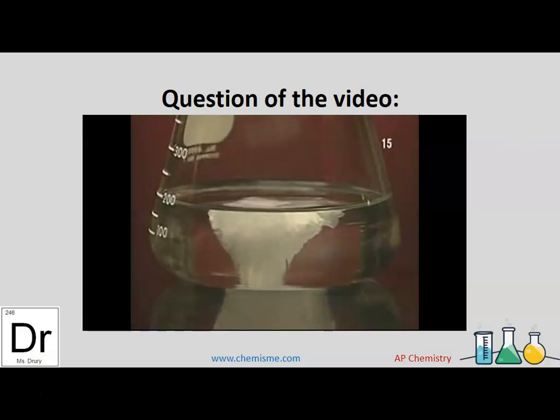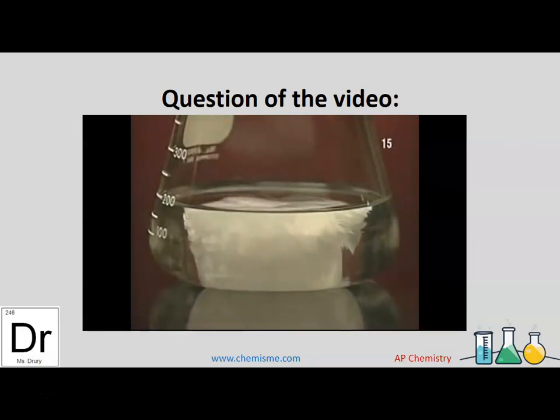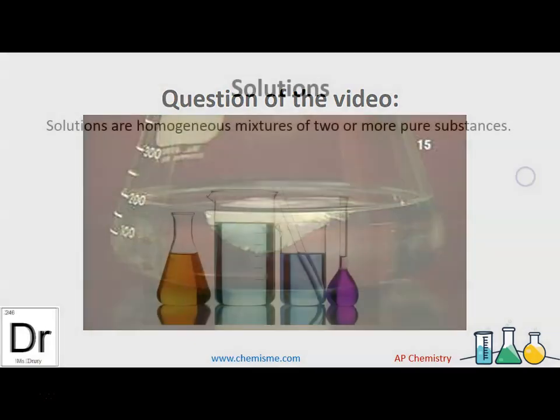So my question is, how is this occurring if you're only adding one small crystal? How can many more, it seems to be growing, right?